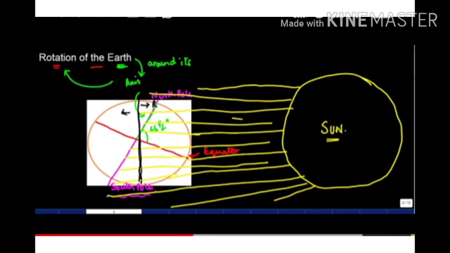By the reason that it is this part of the earth which is facing the sun, there is daylight. So this particular portion of the earth which faces the sun has day.